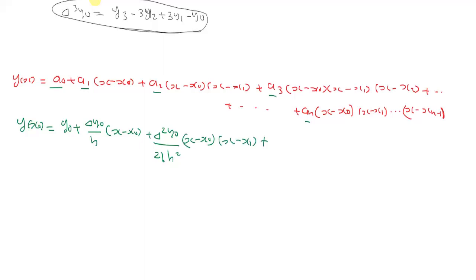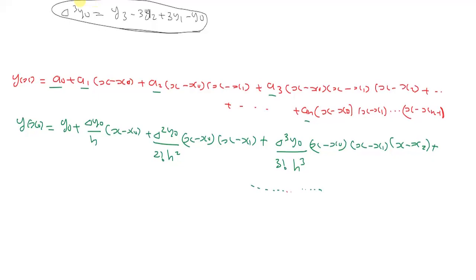Now substitute the form of a3: del cube y naught by 3 factorial into h cube, x minus x naught into x minus x1 into x minus x2, okay, plus etc. Now this formula, actually this is Newton's forward difference interpolation formula. Now let us evaluate the polynomial y at some arbitrary value of x, x equal to x naught plus ph.